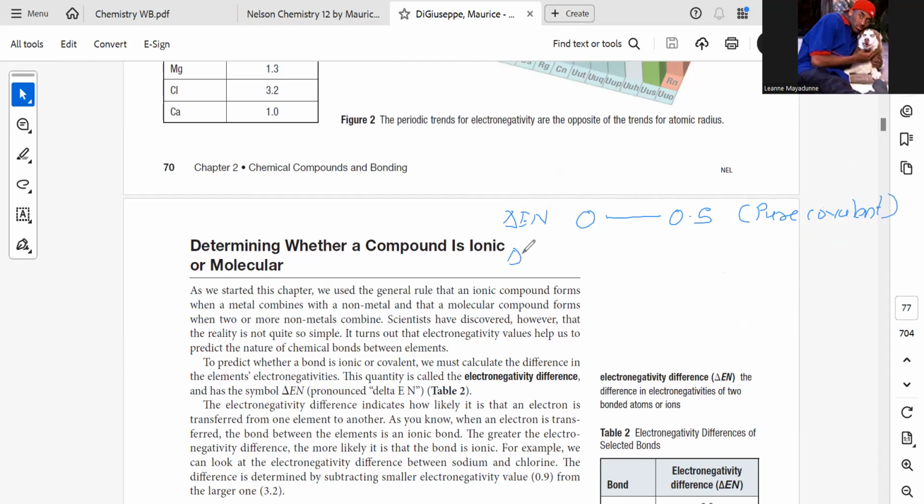If the delta EN value is 0.5 to 1.7, then it is polar covalent. And if the delta EN value is above 1.7, then it is ionic. Can you make a note of this?